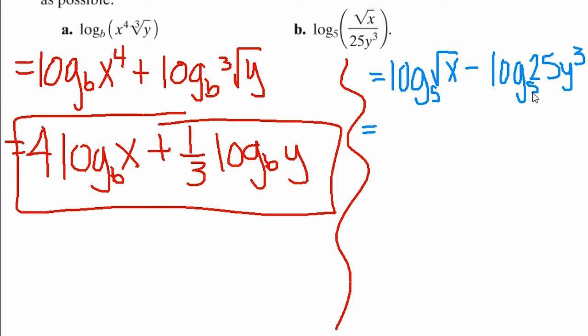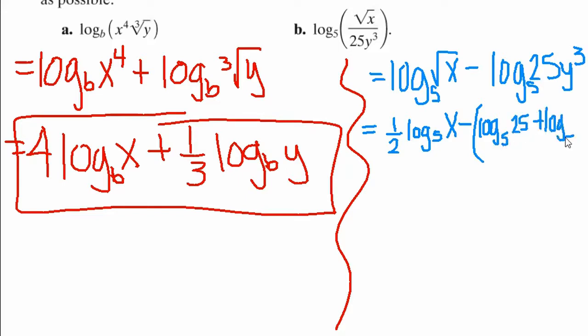All right, so on that first term, it's square root of x, so that's a 1/2. And then on this one, I have multiplication, so I'm going to break it apart. So I get log base 5 of 25 plus log base 5 of y cubed.